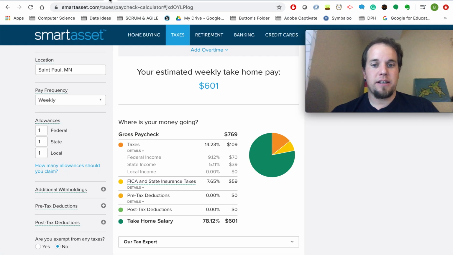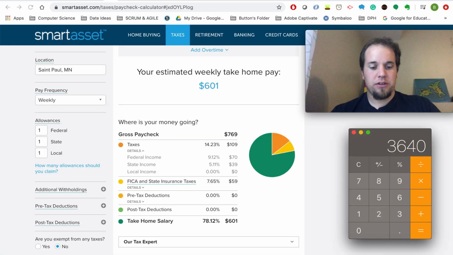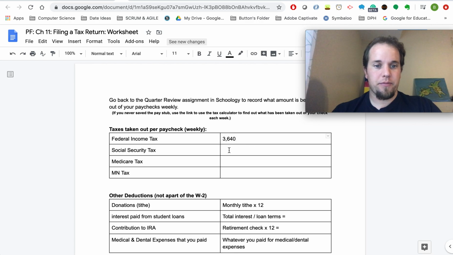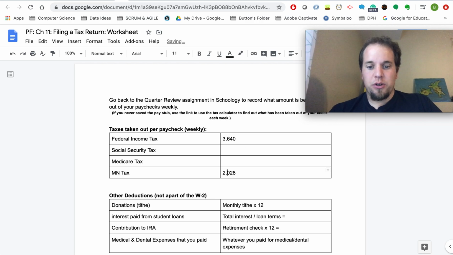Now, let's look at state. State was $39. So let's go 39 times 52 weeks, 2,028. And we need to know Social Security.